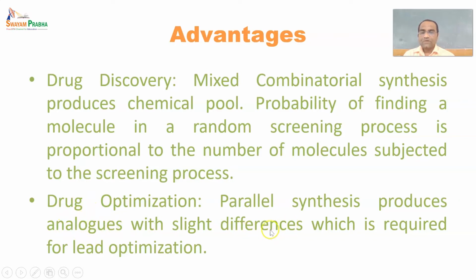Analog design is a slightly different design, or the introduction of some small molecules into the total drug, with little modification. It improves the pharmacokinetic and pharmacodynamic properties of a drug, which are required to show the therapeutic value of a drug, and it helps in lead optimization also. So these are some advantages of combinatorial chemistry.